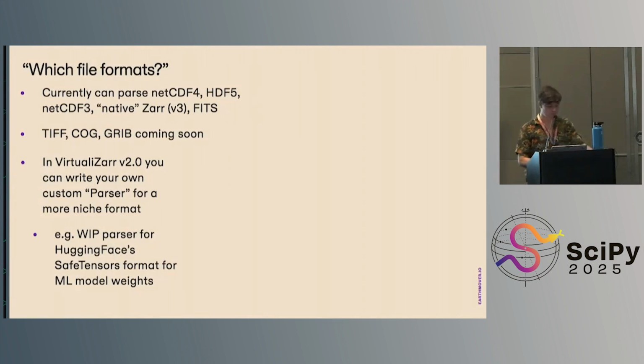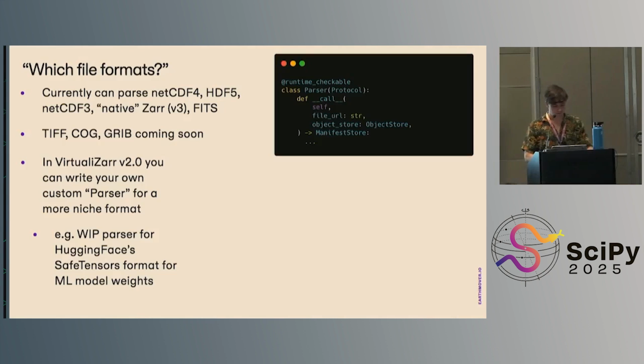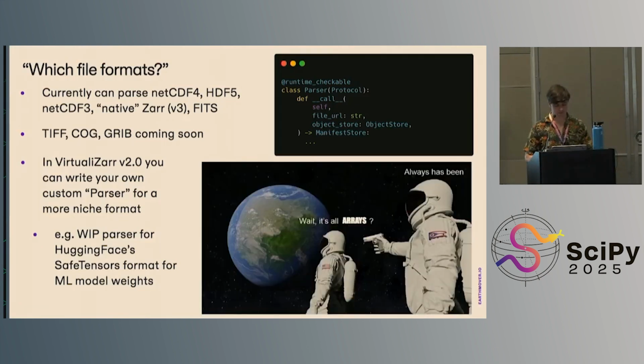So for example, someone's got an open PR for a parser for Hugging Face's safetensors format for storing ML model weights. It's just an example of a custom binary format that ultimately is just an array thing. The parser definition is really just a callable that takes the URL and returns this VirtualiZarr manifest store class. And the reason this works is because ultimately all these file formats are just arrays.